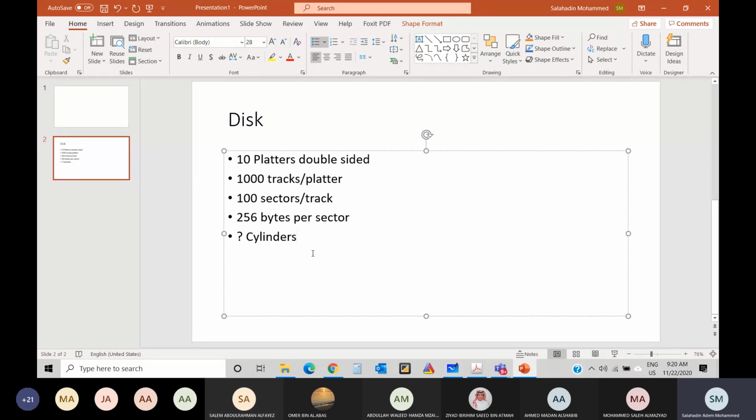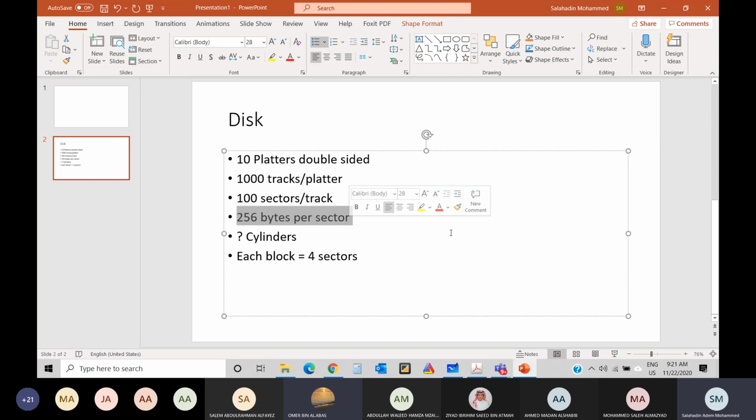Now let me give you another question. Let's assume that I have a block. Each block is equal to 4 sectors. So how many bytes do I have per block? You have to take the total number of bytes.